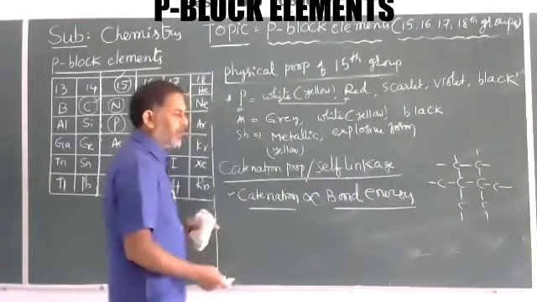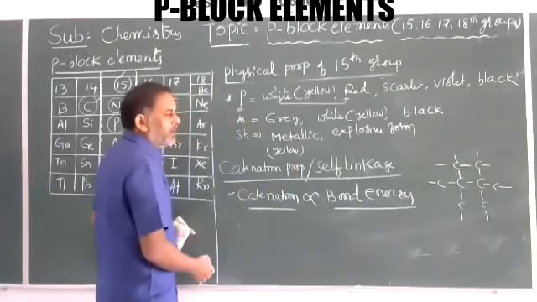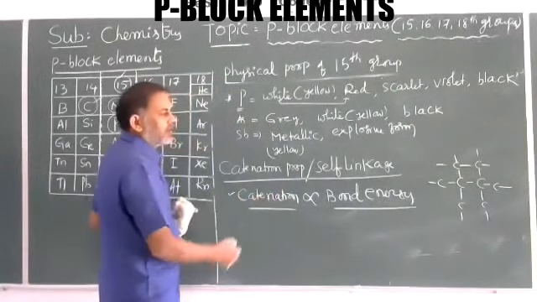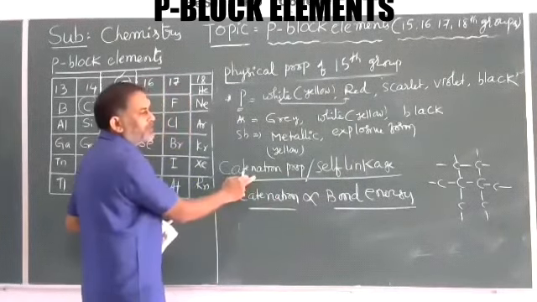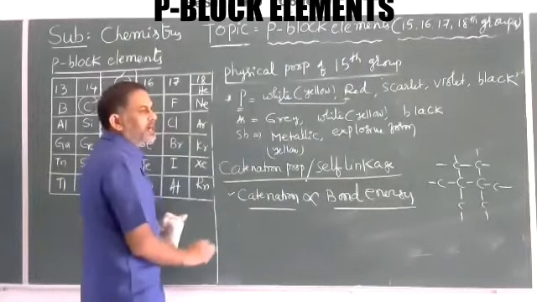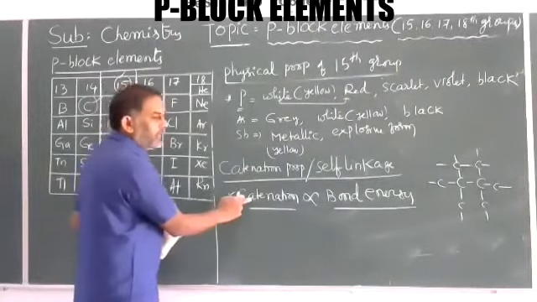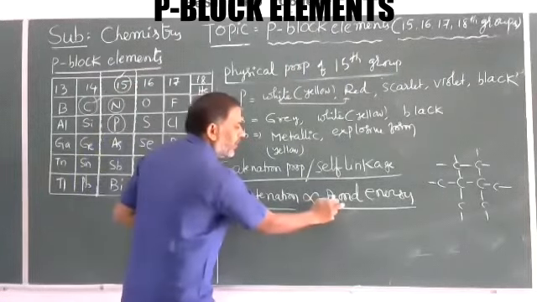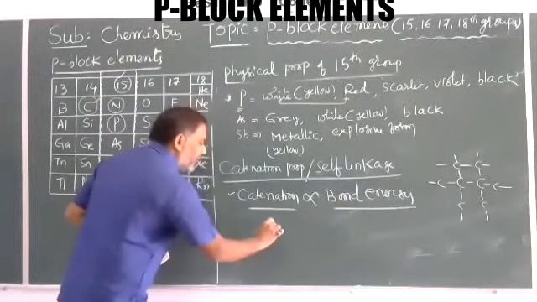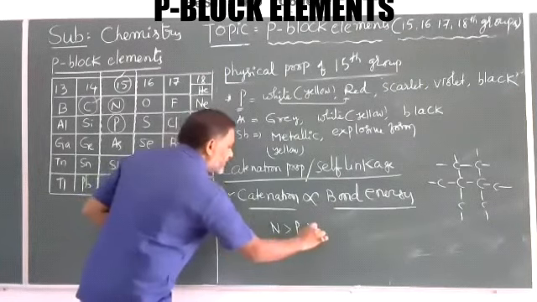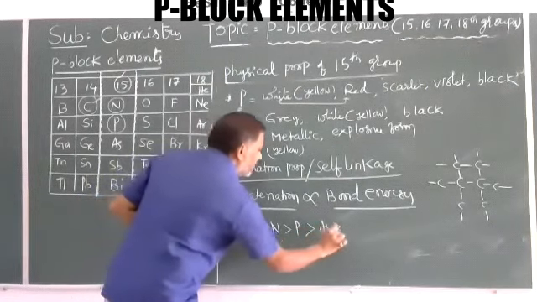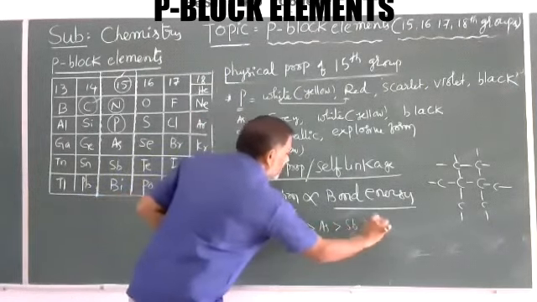Similarly, for 15th group elements, catenation property depends on bond dissociation energy. So the catenation property of nitrogen is more than phosphorus, than arsenic, than Sb, than Bi.